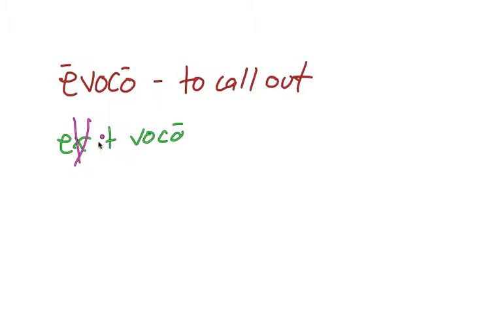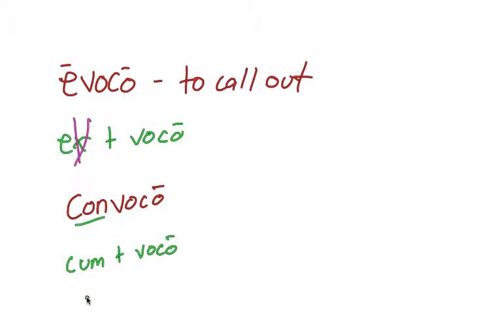And let's see, one more, convoco. Okay, con, whenever you see con in a Latin verb or even in an English word, that is formed from cum, so it's cum plus voco. And the cum here has a special meaning.